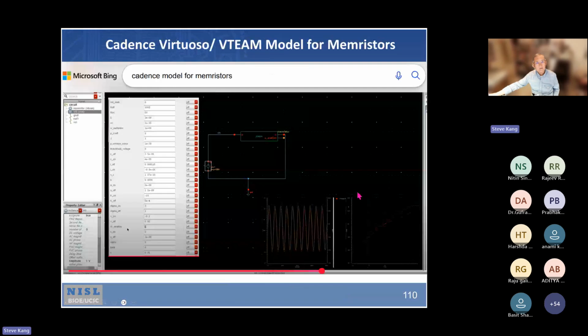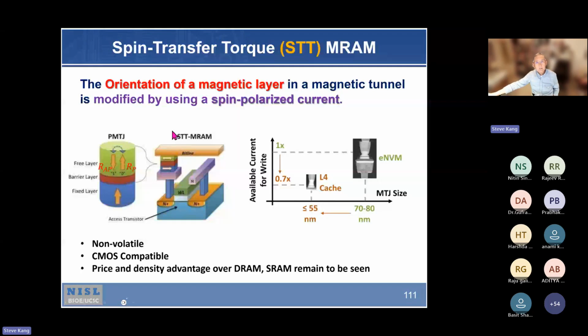Yeah, and then some Cadence toolkit. And then this is a spin transfer torque STT-MRAM, and the orientation of a magnetic layer in a magnetic tunnel junction is modified by using a spin-polarized current.